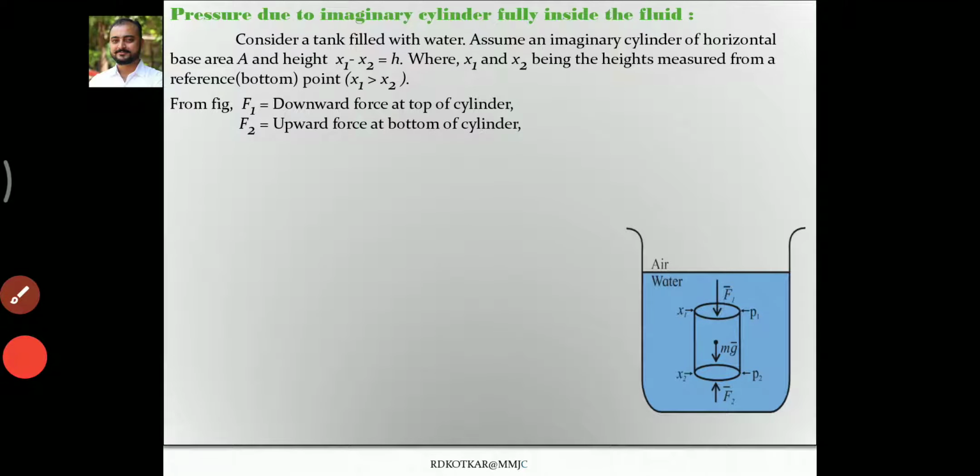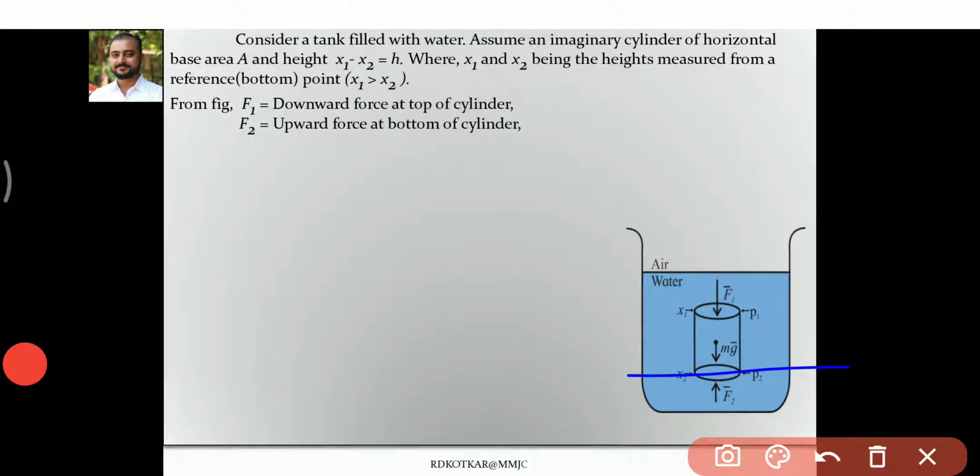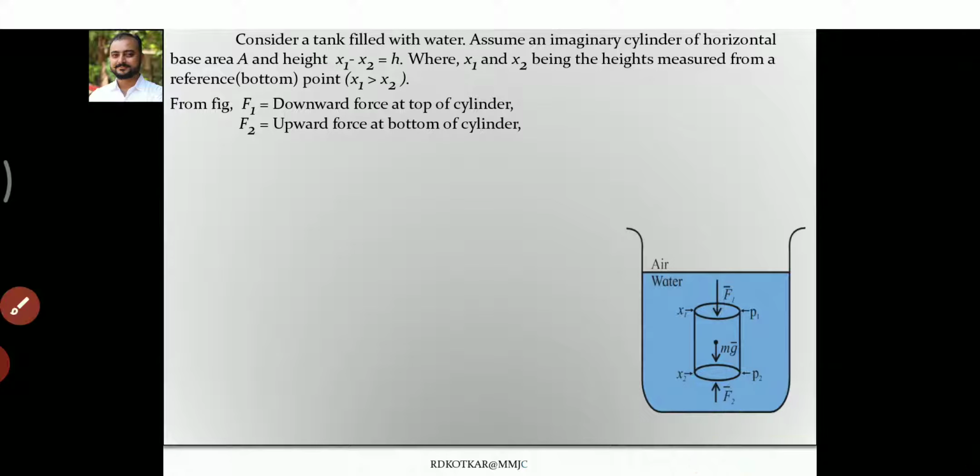Then F2 is the force at the bottom of the cylinder. Similarly, the liquid present below the cylinder also exerts a force at the bottom of the cylinder, which is F2, and it acts in an upward direction.